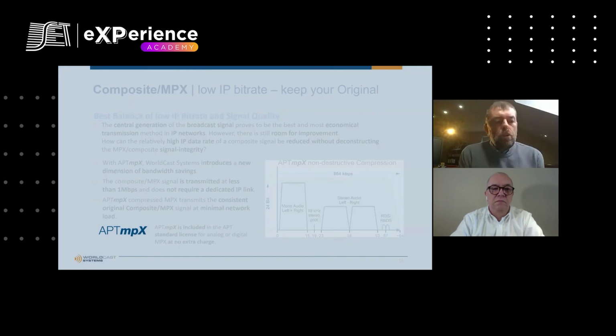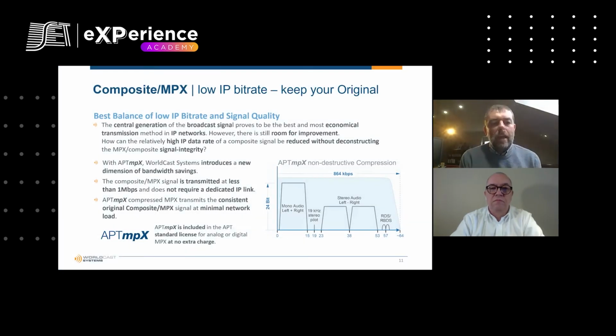So we've developed a new algorithm which we call APT MPX. APT MPX allows you to scale back on the bandwidth that you require for the 64 kilohertz limited 16-bit APT MPX composite.